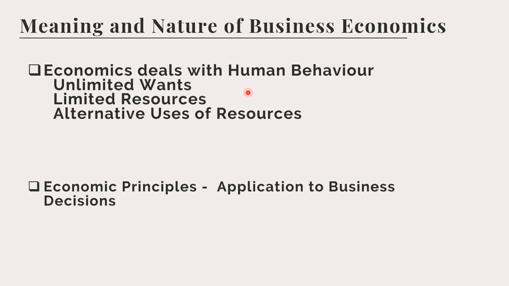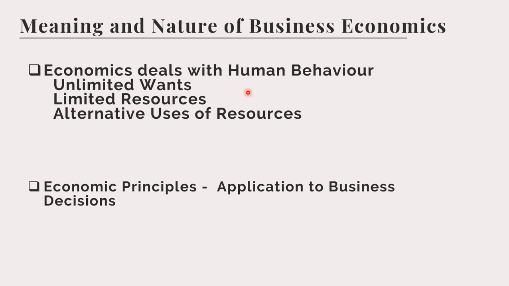Economics is the science which is concerned with choice and decisions. It is related with how to take the decision when alternatives are available for the satisfaction of our wants or needs.